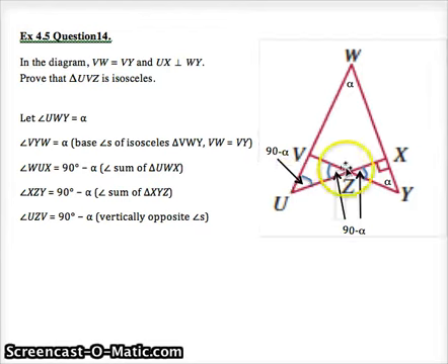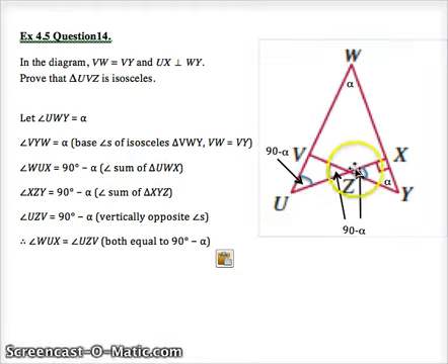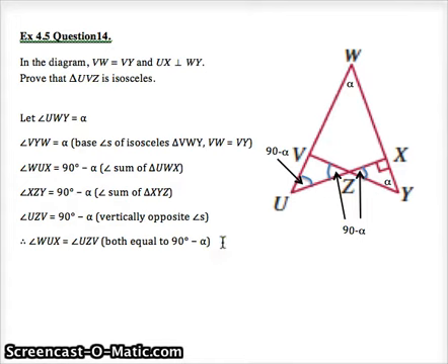So now we've shown that two angles in this triangle are both 90 minus alpha, so we can write that down as well. So angle WUX, or you can even call it angle VUZ if you want, is equal to angle UZV, and the reason is that they are both equal to 90 minus alpha.